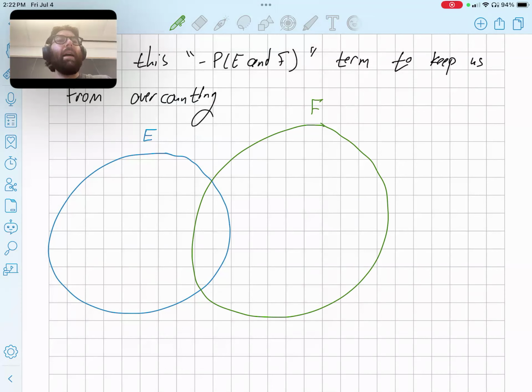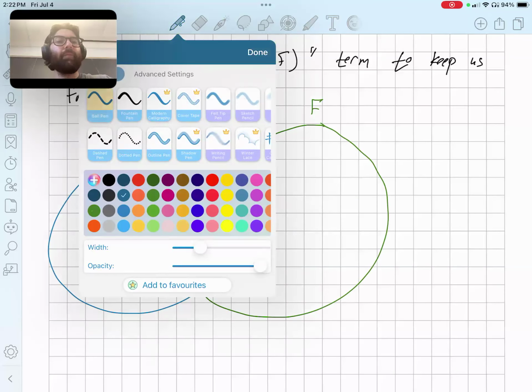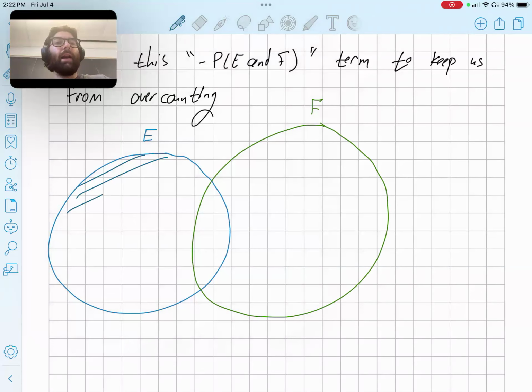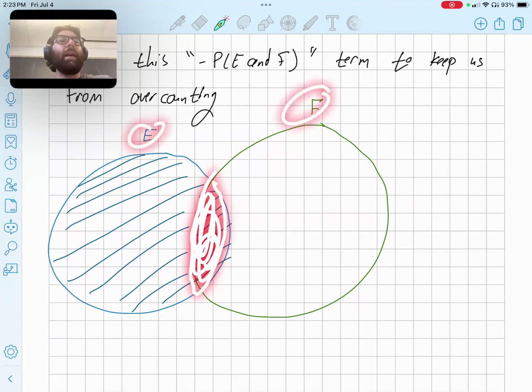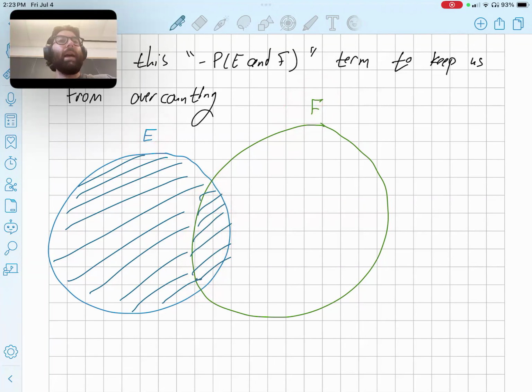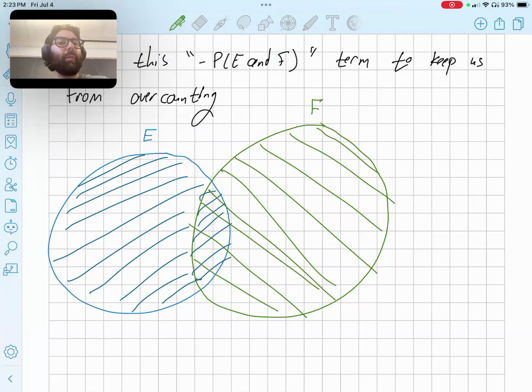And so when we count E, we've got everything in E. And this overlap region right here, this is all the stuff that's in both E and F. And so we count it once when we count E. And then when we count F, we look at everything in F. But now we're counting this twice.